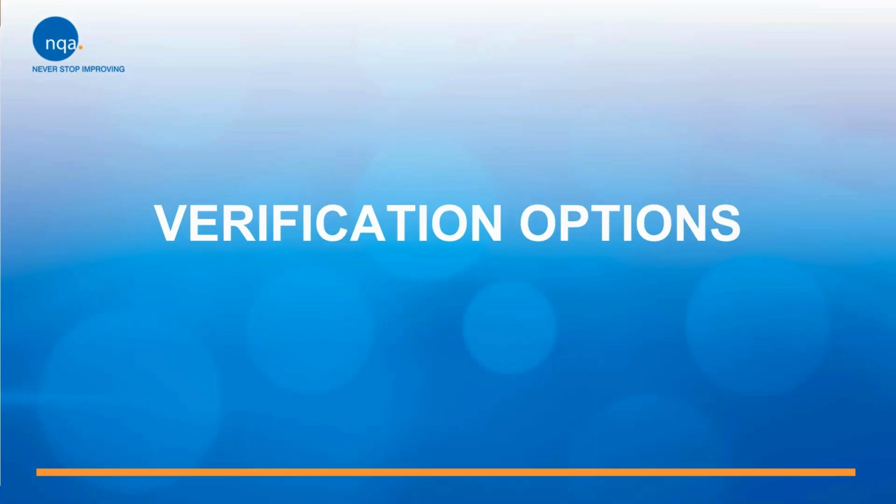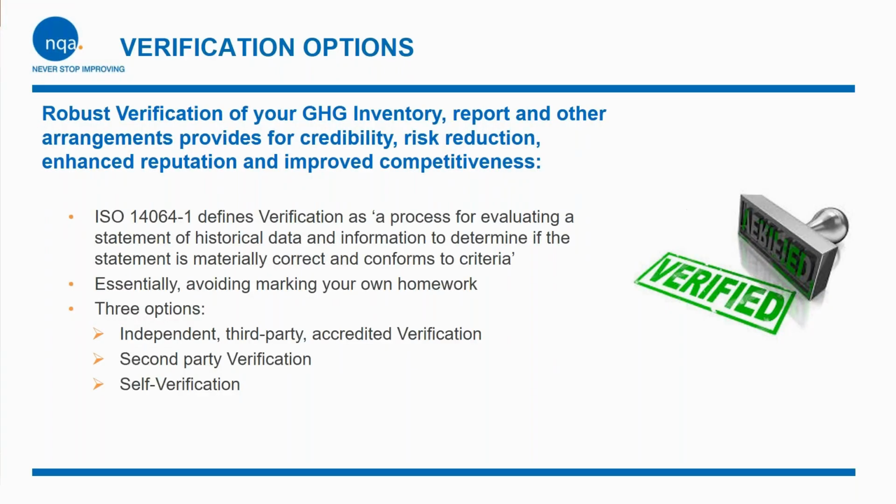So, your verification options: what is available to any organisation? A robust verification for your greenhouse gas inventory is looking at your reporting and other arrangements. It provides credibility, risk reduction, enhanced reputation and improved competitiveness.